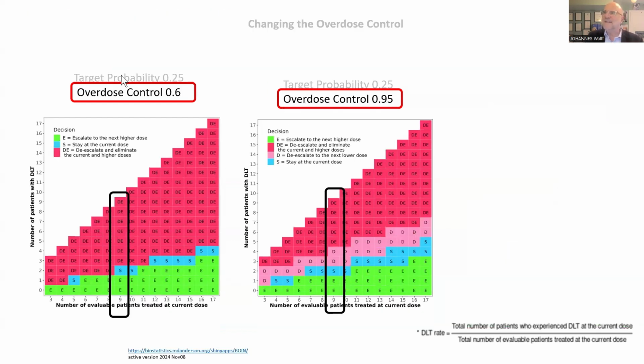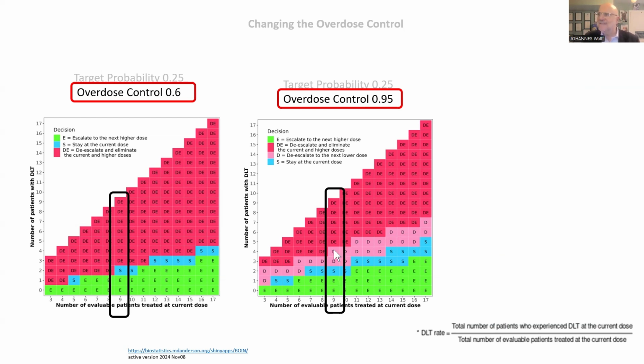Now we're keeping the target toxicity profile at 25%, but we're changing the overdose control. This is what we've done before, overdose control of 0.95 on the right as example. And this is the same graphic you've seen there. If you increase the overdose control, then more of the numbers here turn into elimination.